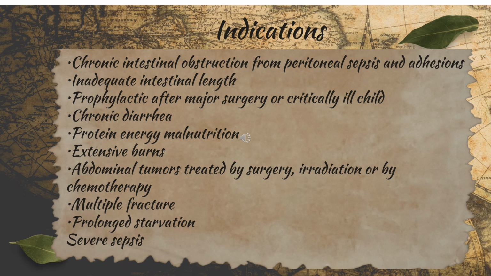Here we'll see the indications to administer TPN. The first one is chronic intestinal obstruction from peritoneal sepsis and adhesions. Next one is inadequate intestinal length. In this condition, the short intestine will absorb the nutrients in an inadequate manner. Next one is after major surgery or a critically ill child, as a prophylactic measure.